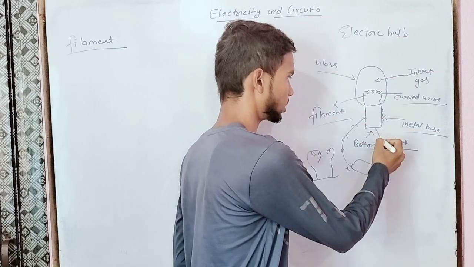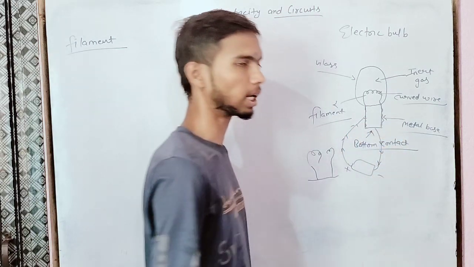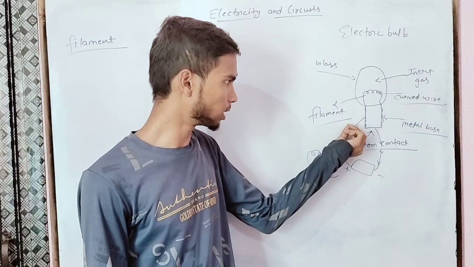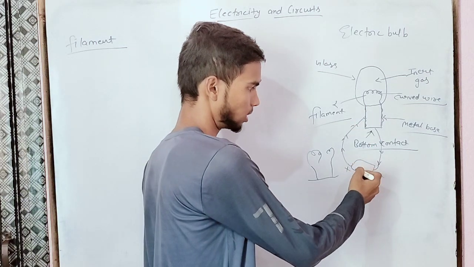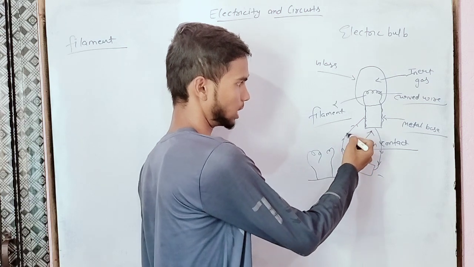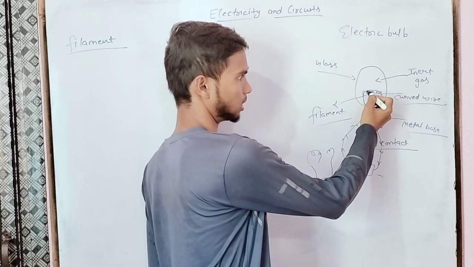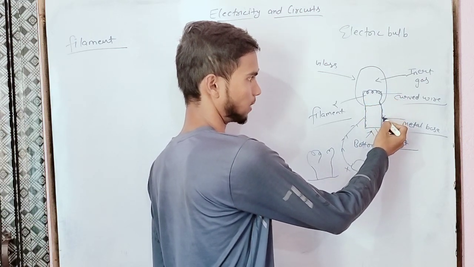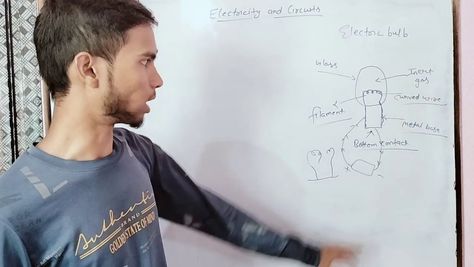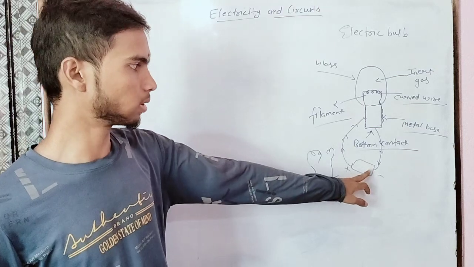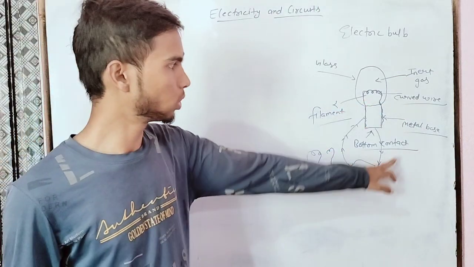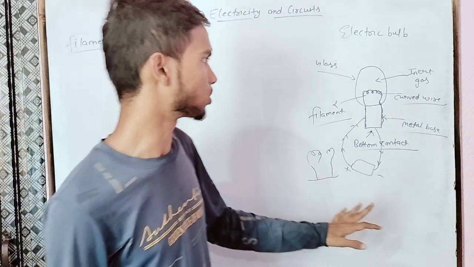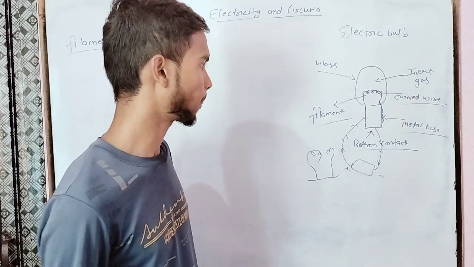Electricity is flowing in this direction. It will come out from here, pass through the filament, travel through this wire, and come back here. So that's how electricity flows. That's how electricity works.